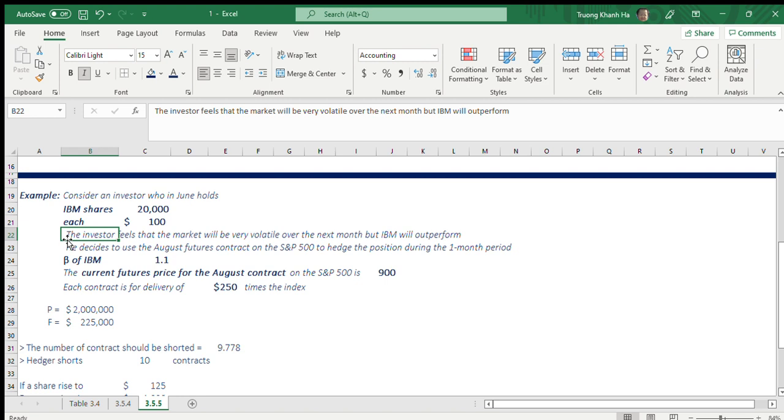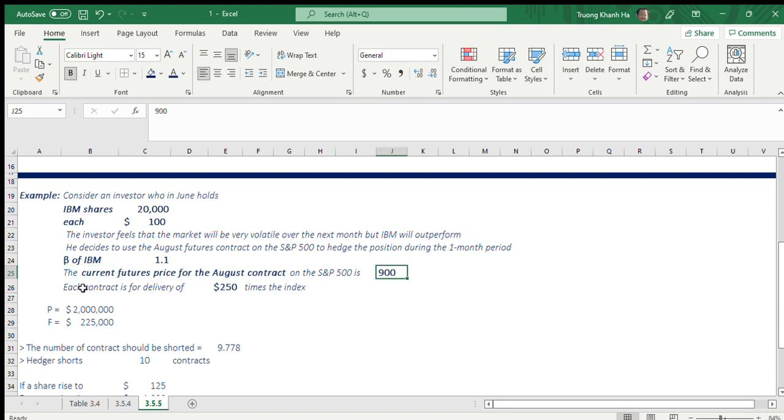The investor feels that the market will be very volatile over the next month, but IBM will outperform, and he decides to use the August futures contracts on the S&P 500 to hedge the position during the 1-month period. The beta of IBM is estimated to be 1.1. The current futures price for the August contract on the S&P 500 is 900.